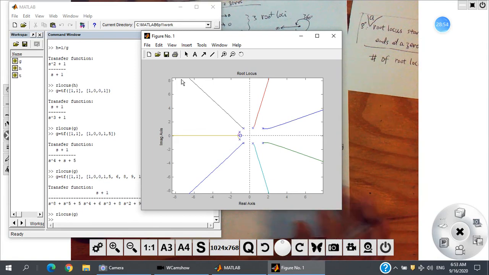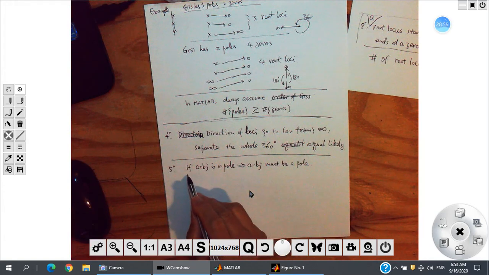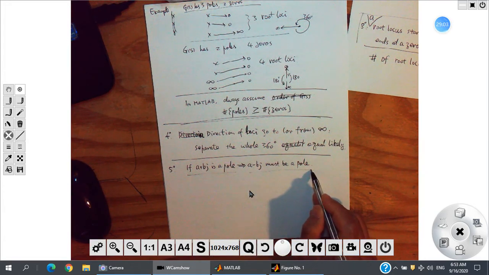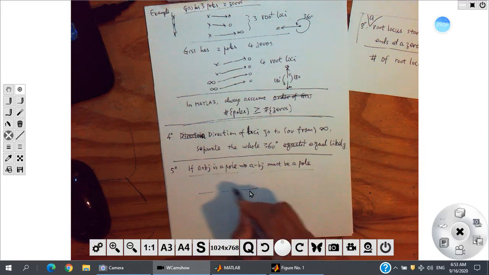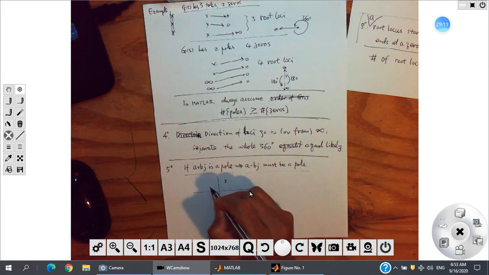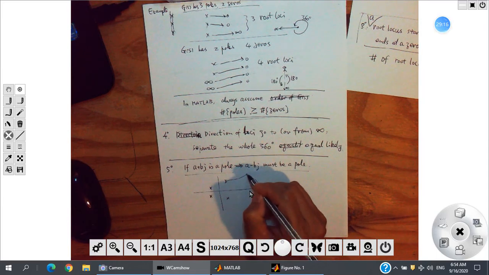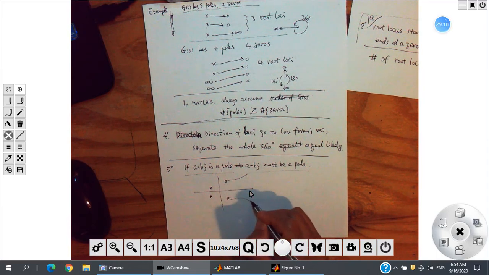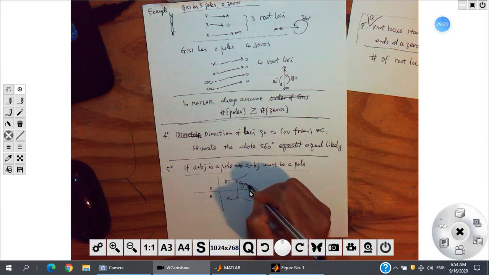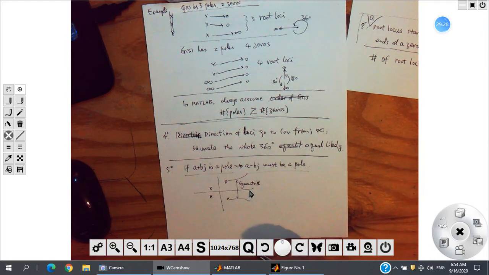So if we have a pole here, then here must be another pole. If you have a root locus like this one going this way, then here it should go this way, symmetrically.